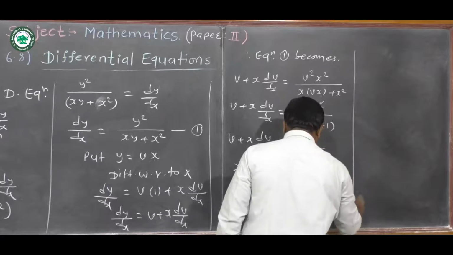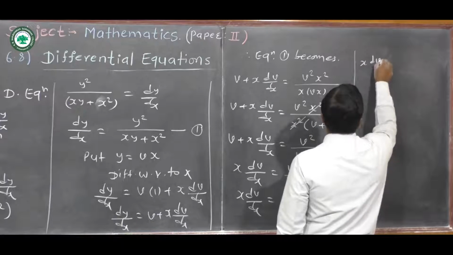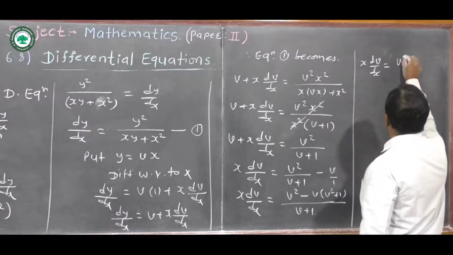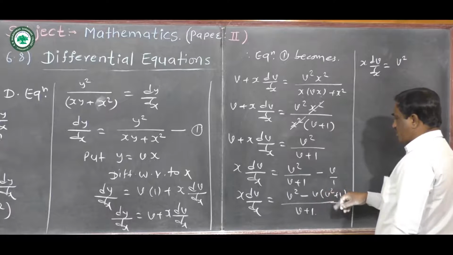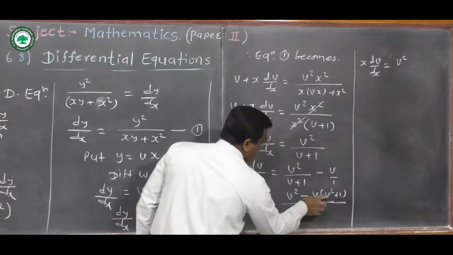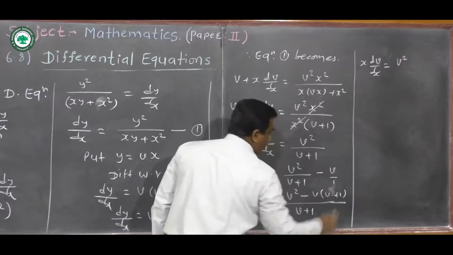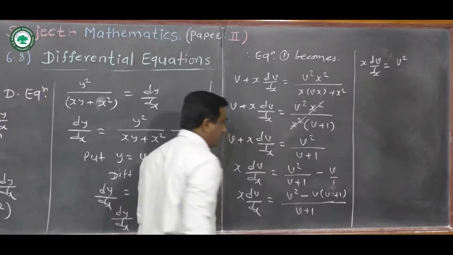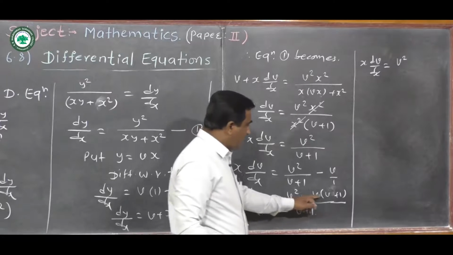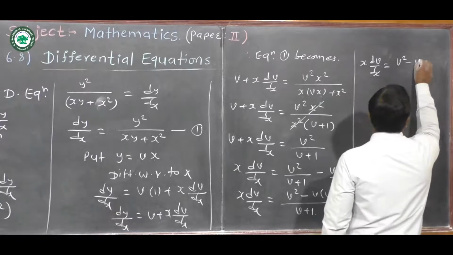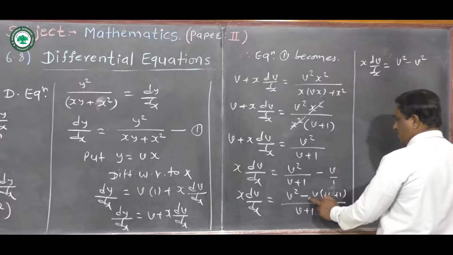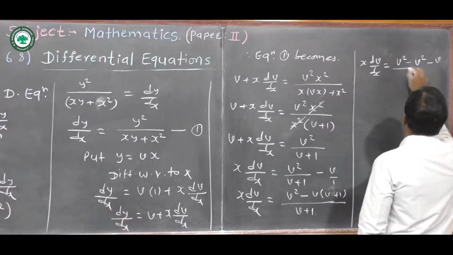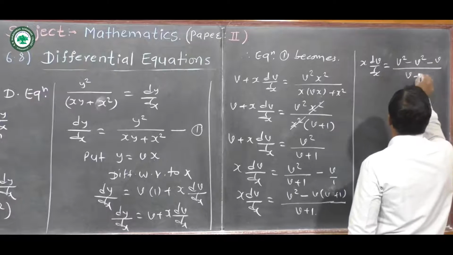That is, we can write here x into dv by dx is equal to v square as it is minus v into v, that is v square, minus v into 1, minus v, upon v plus 1.